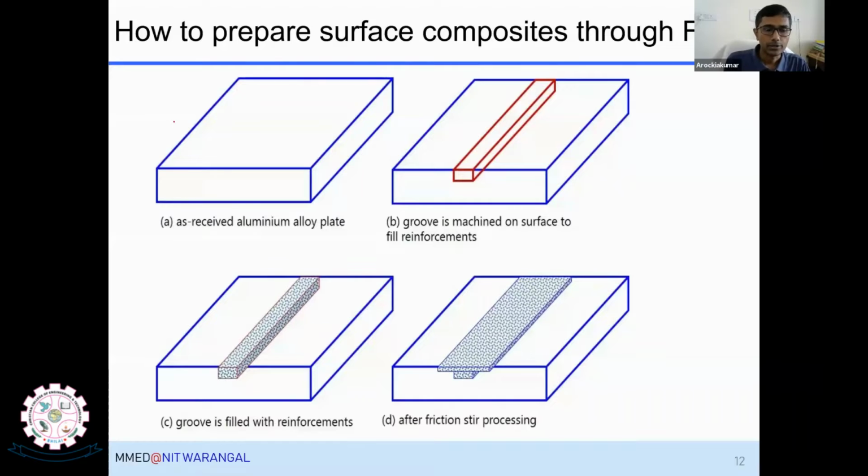So how to prepare composites through FSP? One method: this is an as-received aluminium plate, and we machine a groove. We remove aluminium, fill the groove with reinforcement, and then do the processing. Once you do this, you get the processed zone. In fact this is the nugget, and the whole region is called the processed region.